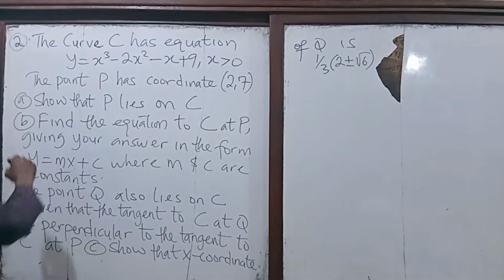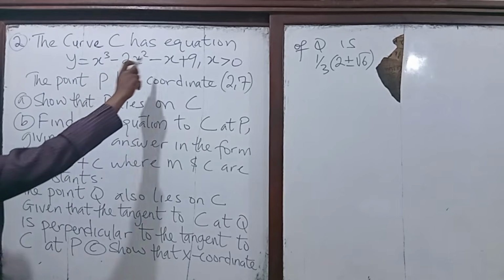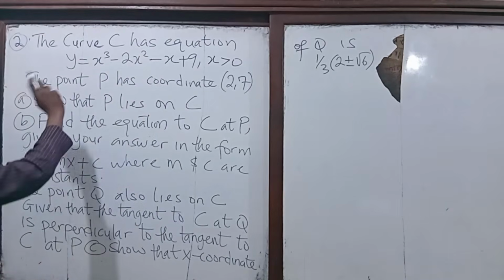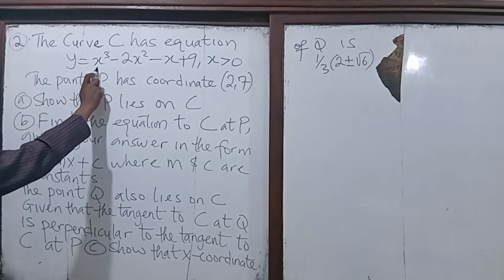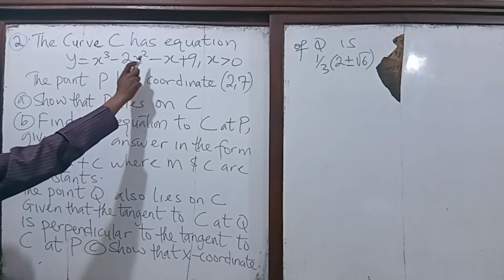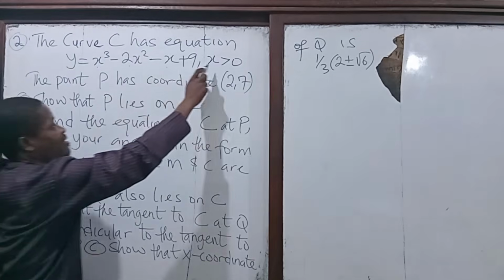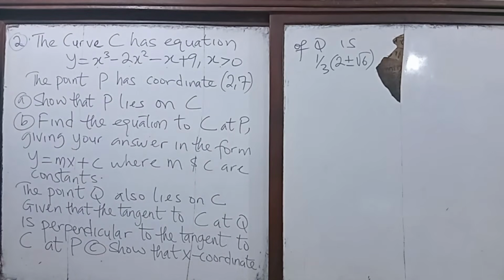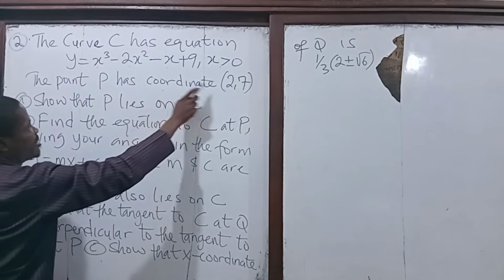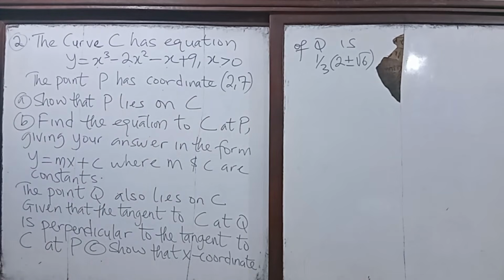In this case, C has equation y equals x cubed minus 2x squared minus x plus 9, where x is greater than 0. The point P has coordinates (2, 7).